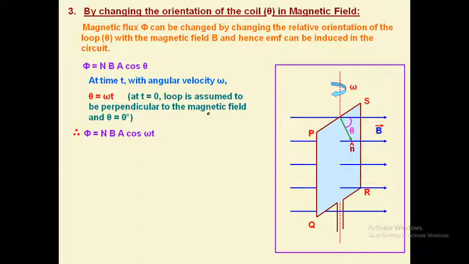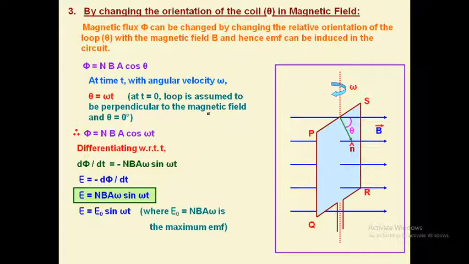Putting that there, cos theta will become cos omega t. Now the induced EMF is given by minus d phi upon dt. So you can do d phi upon dt. You know very well n, B, A are constant, and the differentiation of cos is negative sine omega t into omega. Okay, so this is simple mathematics.